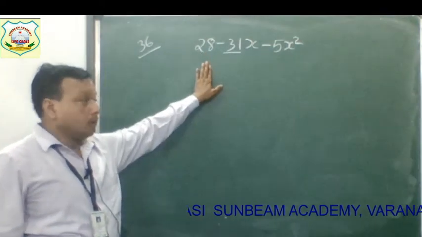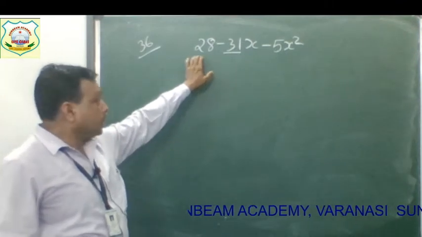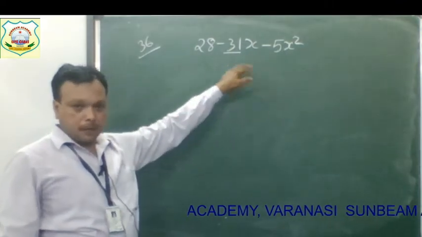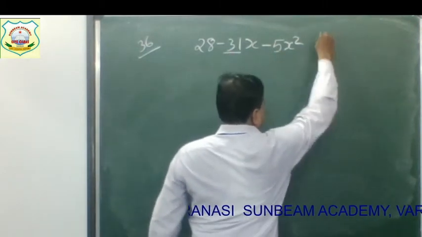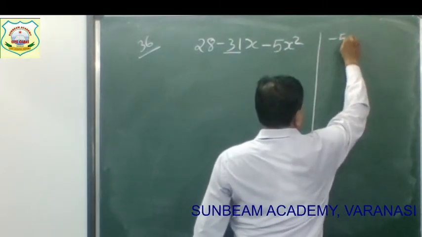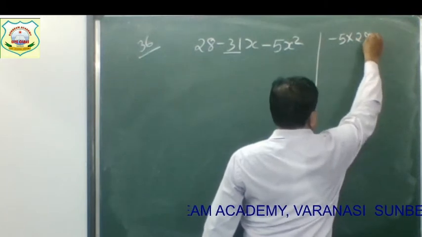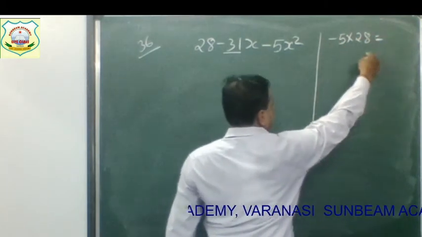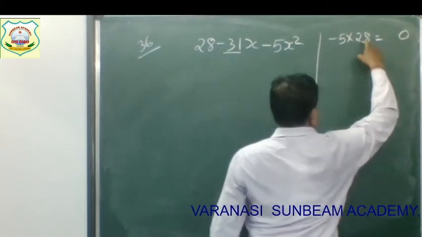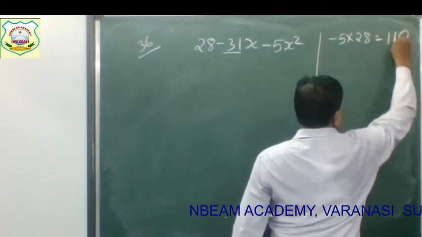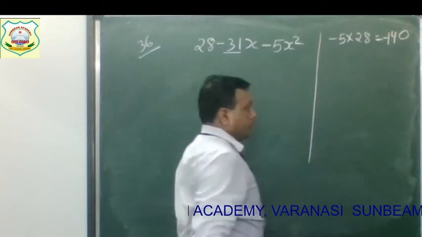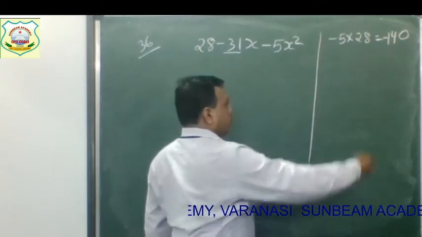First of all, we are telling you with the given sequence. Clear? So minus 5 into 28, what will we get? 5 8 is 40, 5 2 is 10, 10 plus 4, 14, so minus 140 will come.